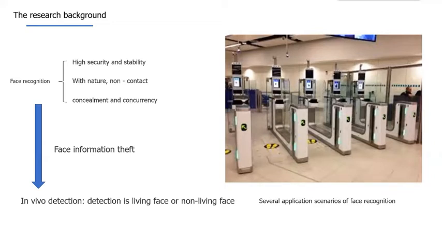Among all kinds of biometric identification technologies, face recognition is widely used in criminal investigation, monitoring systems, and online authentication because of its high security, good stability, naturalness, and concealment.